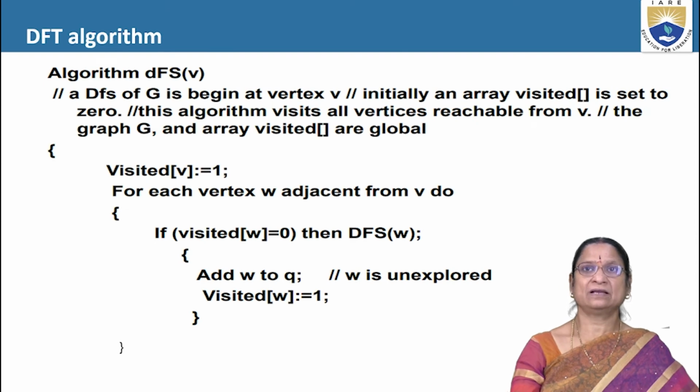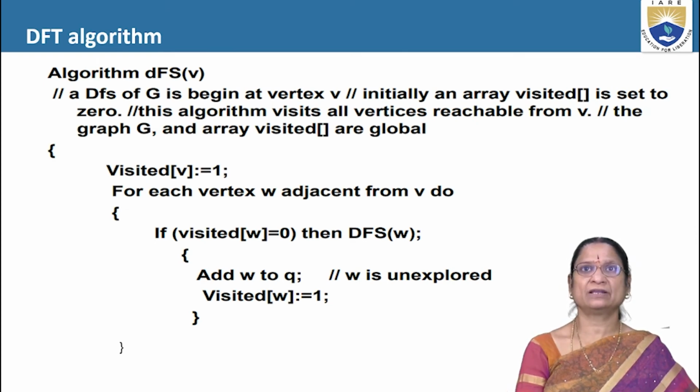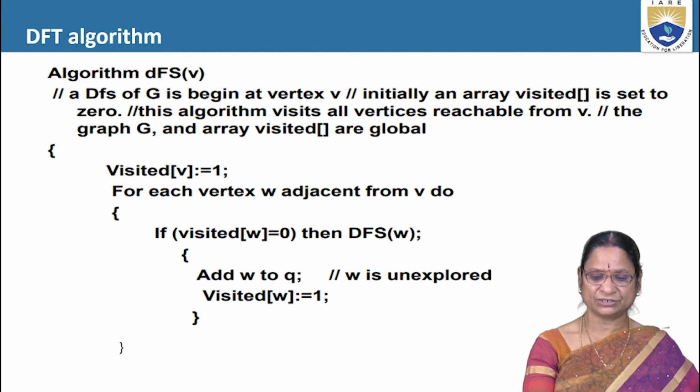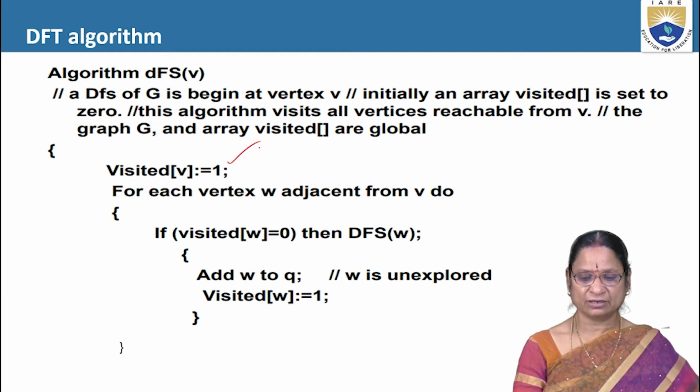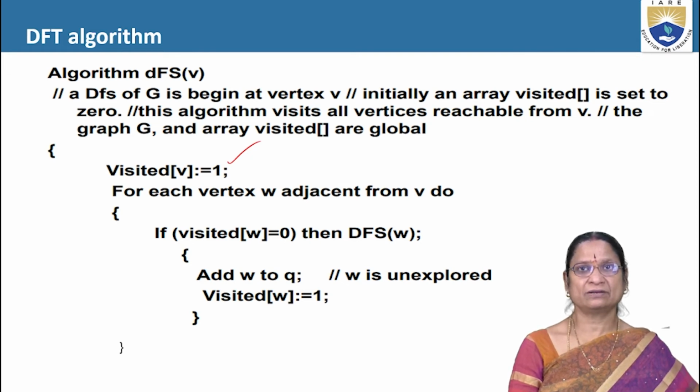Now this is the normal algorithmic notation pseudocode of the DFT algorithm. If you observe here, visited of V is equal to 1. Visited is a global array, and V is the current vertex we are visiting, so visited of V is set to 1.